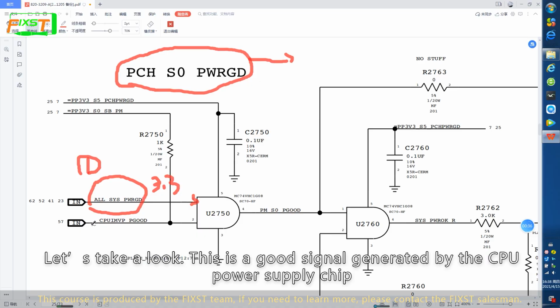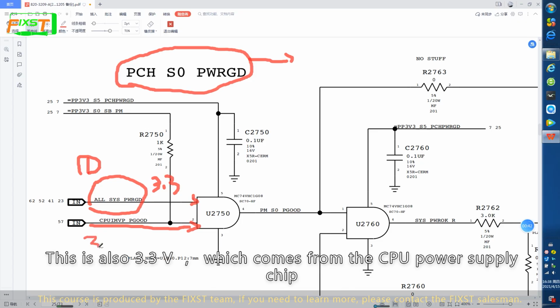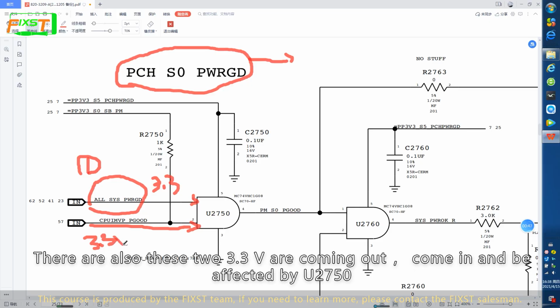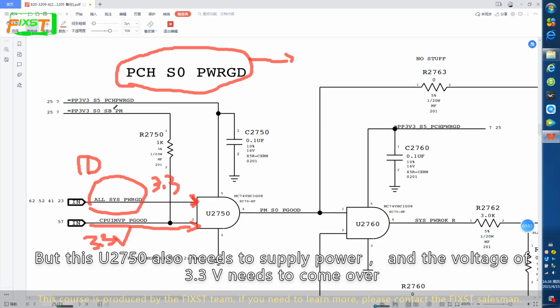Let's take a look. This is a power good signal generated by the CPU power supply chip. This is also 3.3 volt, which comes from the CPU power supply chip. There are also these two 3.3 volt signals coming out and going into the U2750. But this U2750 also needs to be supplied power, and the voltage of 3.3 volt needs to come over.